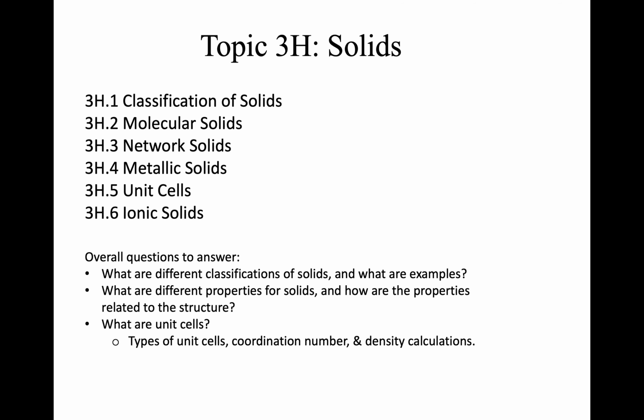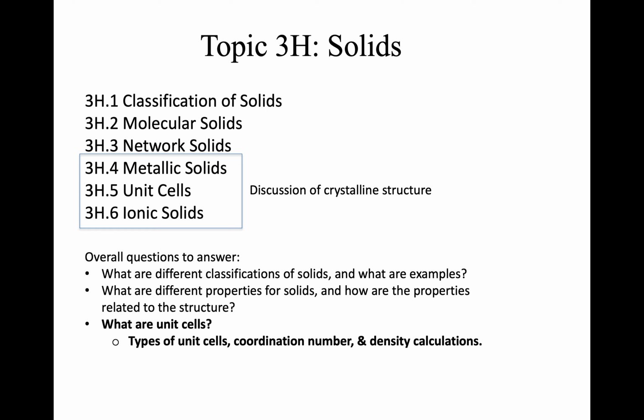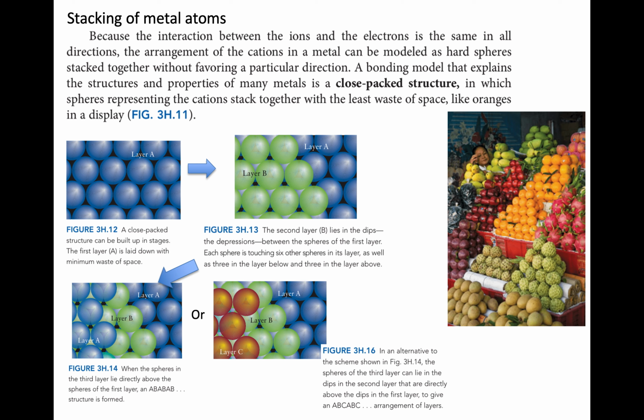So we saw previously that we had different ways to describe the structure of solids, and we were looking more closely at that crystalline structure by looking at metallic solids and how we could describe the arrangement in a unit cell that was then part of a repeating pattern. For the metals, if you recall, all of the spheres that we were stacking together were the same size.